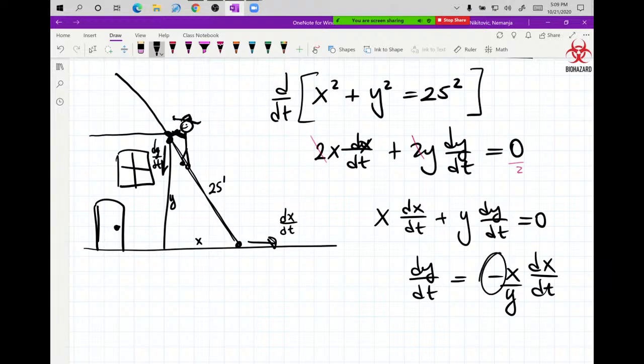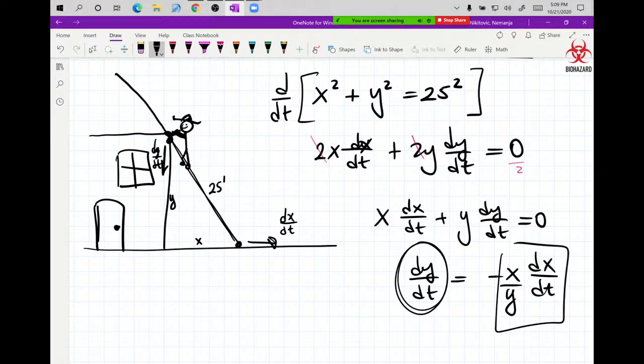What do we see? We see that dy/dt is negative, going down. So this negative here is technically, all of this is a negative number.